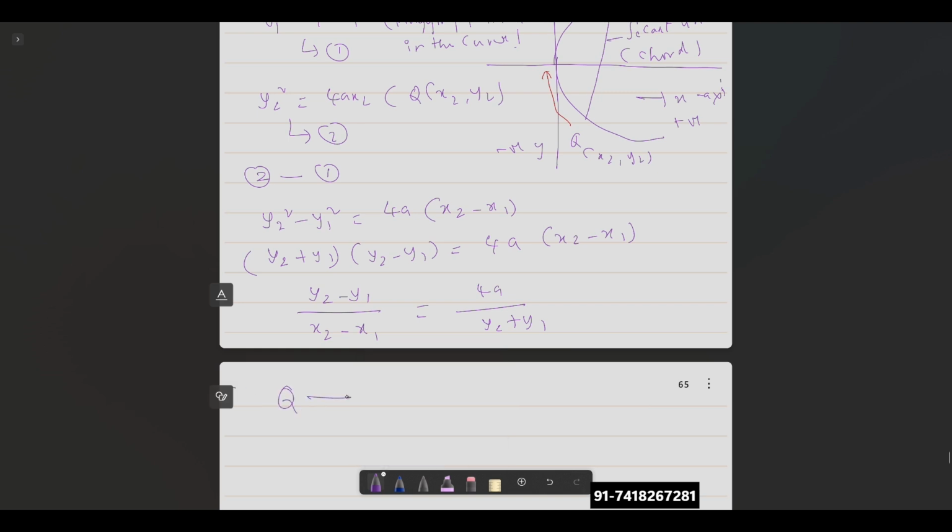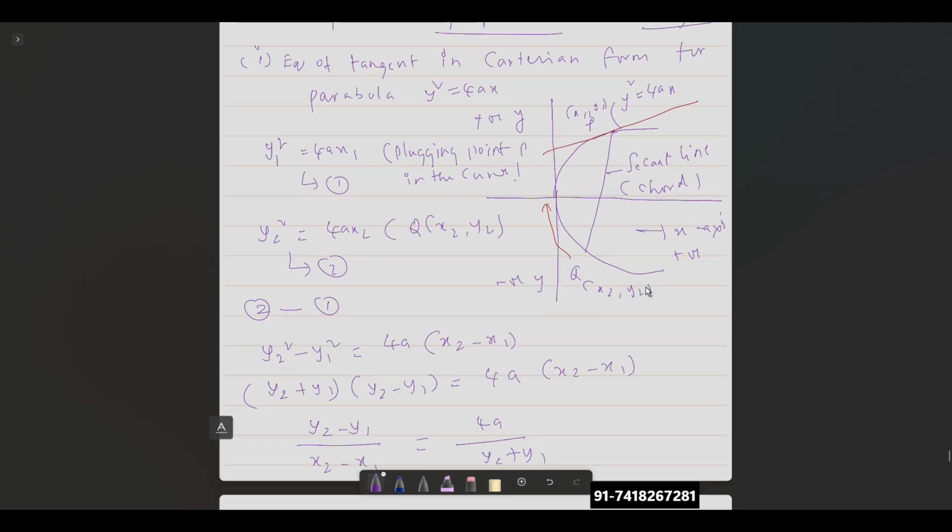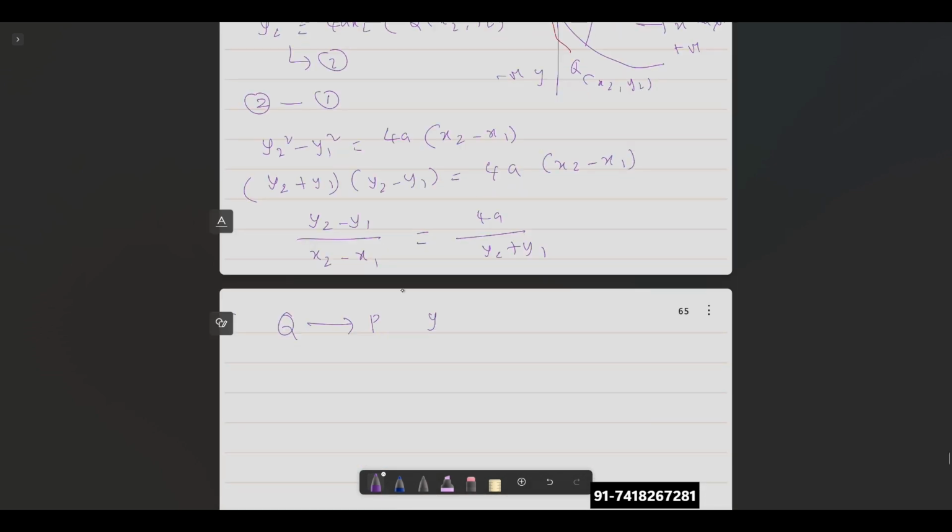Suppose q tends to p, it is coming towards p, then what will happen? So your x1 and x2 will be the same here. So this portion is the slope of that line.